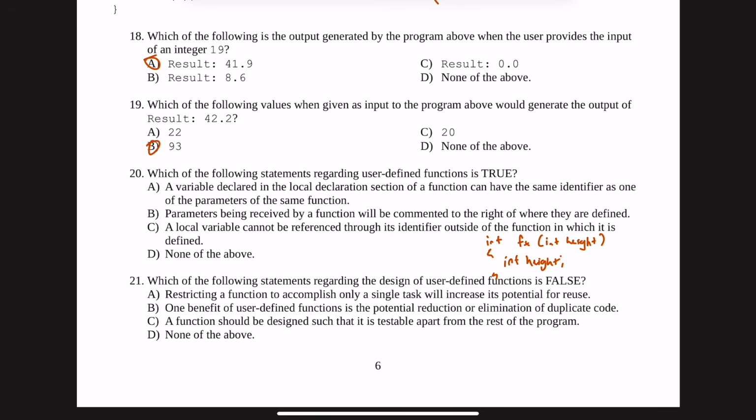Because these have the same scope. So height has the scope of this function, and now this local variable, local declaration, has the same scope all the way down to the bottom of the function. And so now they're conflicting, and if you want to talk about height, you don't know which one you're referencing.